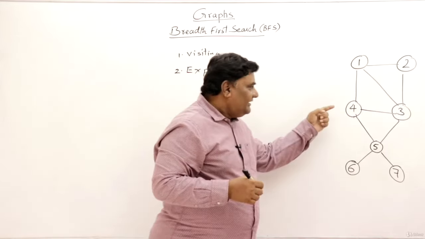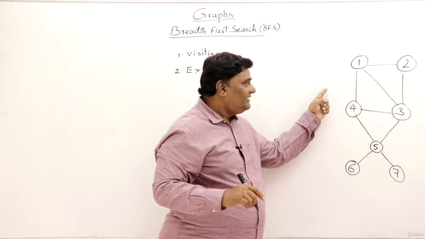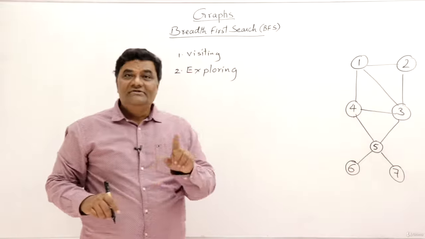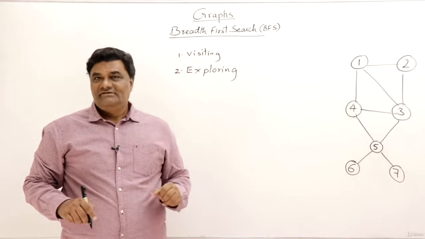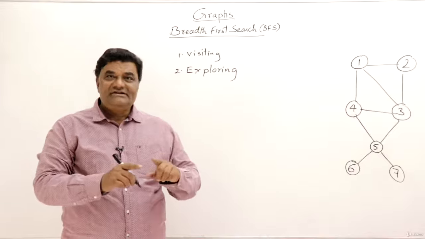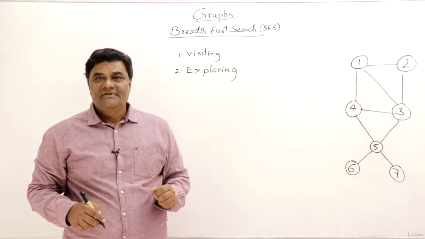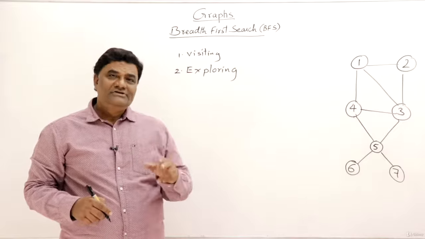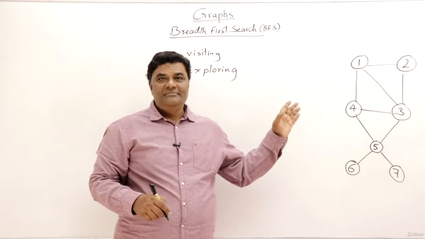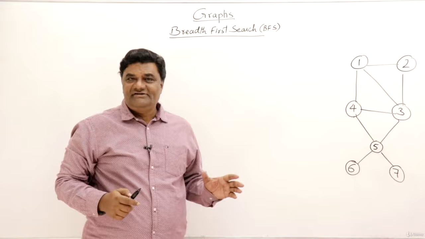If I am on vertex 4, exploring vertex 4 means visiting all the adjacent vertices of 4, like 1, 3 and 5. So exploration means visiting neighbors, and visiting means just going on that vertex. So these are the 2 terms I'll be using for explaining breadth first search. So let us start performing breadth first search upon this graph. First thing, from which vertex do you want to start?